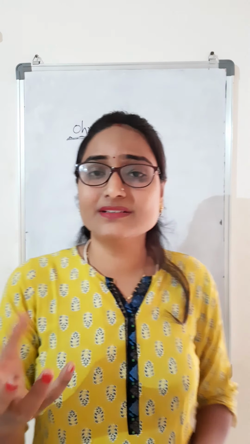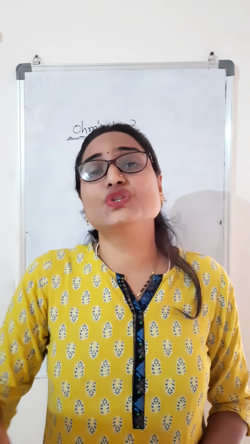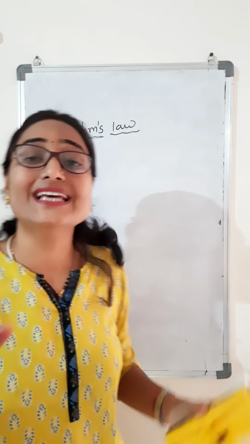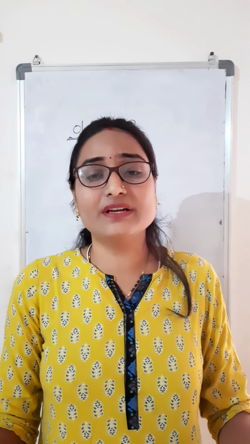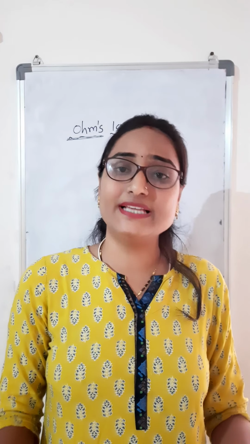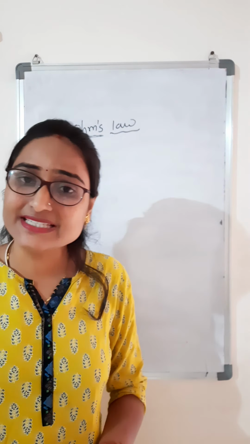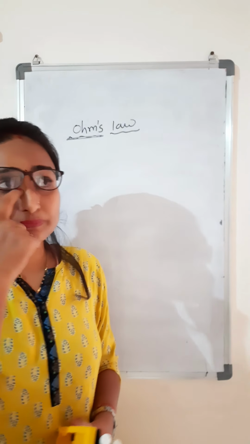What is an ohmic conductor? The conductors which obey Ohm's law are called ohmic conductors. So all the metals are ohmic conductors, and those which do not obey Ohm's law are called non-ohmic conductors.